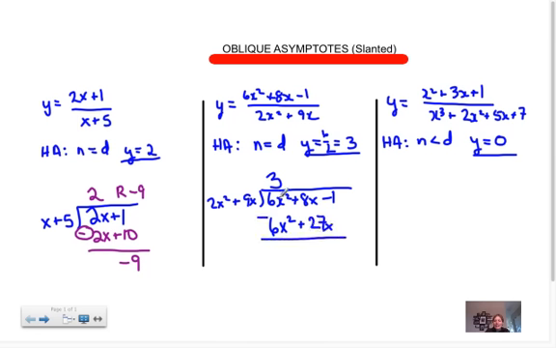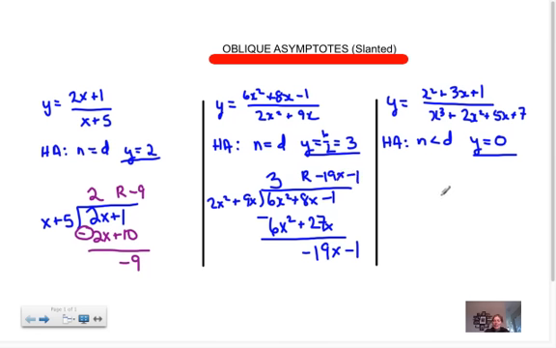We do the math, and 8x minus 27x is negative 19x. And pull down that minus 1, and let's try it again. 2x squared does not go into negative 19x, so I've got a remainder here of negative 19x minus 1.